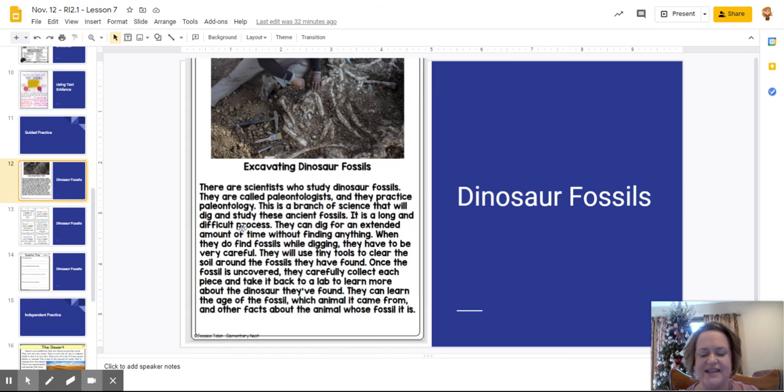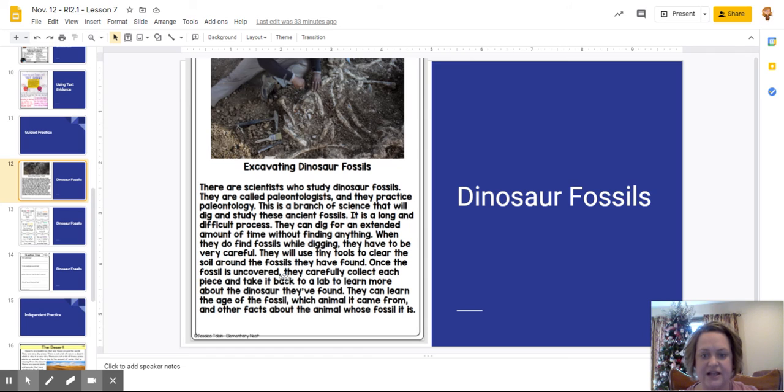It is a long and difficult process. They can dig for an extended amount of time without finding anything. When they do find fossils while digging, they have to be very careful. They will use tiny tools to clear the soil around the fossils they have found.